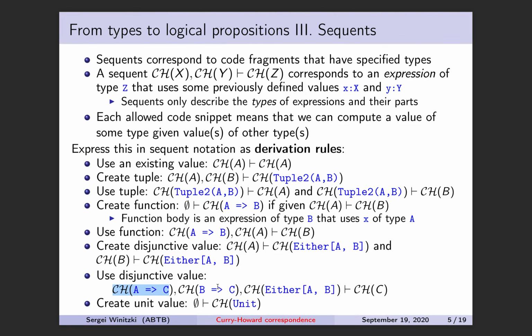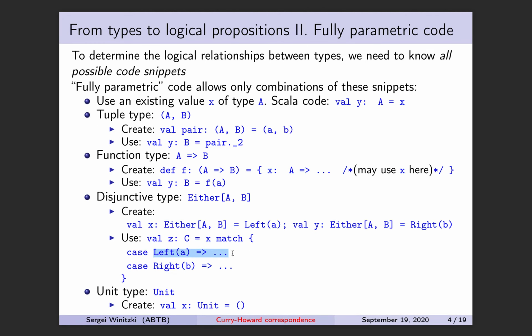If you have a function a to c, because this is actually a function a to c, because this is really just syntax in Scala for putting a function from type A to something of type C into the match expression. So this is just exactly the same as if we have x of type either a, b, and two functions of type a to c and of type b to c.